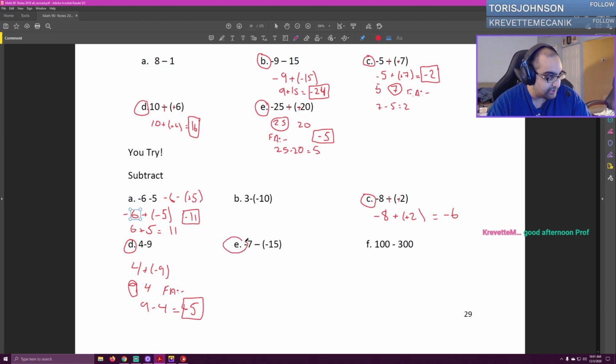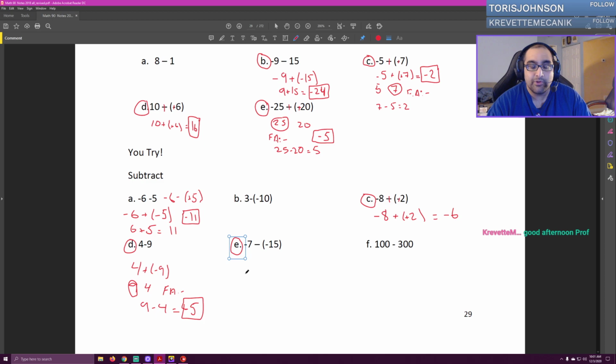Let's look at letter E. Oops, I kind of accidentally circled the part I do want to circle. All right. So what is letter E? Negative 7 minus negative 15. So first of all, how do we rewrite that?